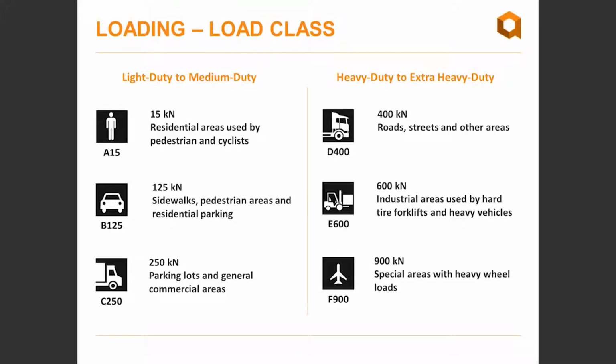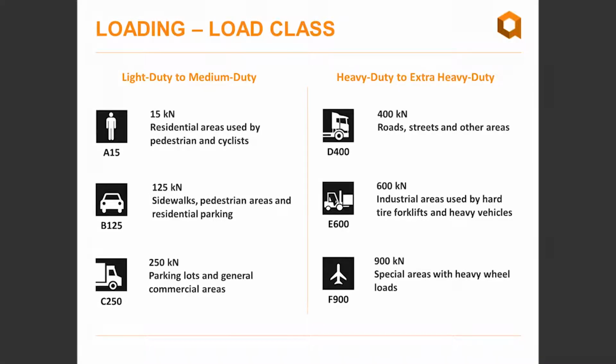That's the proof load that is used to test the system. A15 is for residential areas used by pedestrians and cyclists. B125: the common application would be sidewalks, pedestrian areas, and residential parking. C250 is parking lots and general commercial areas.